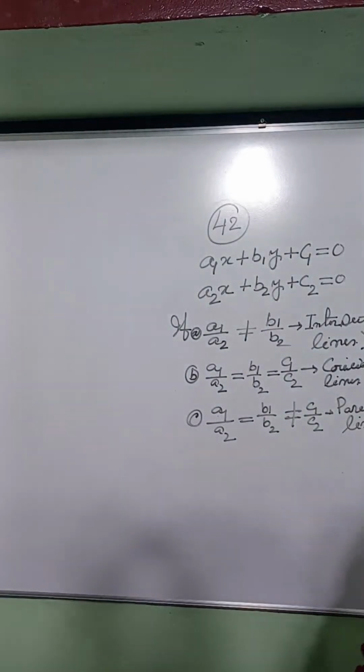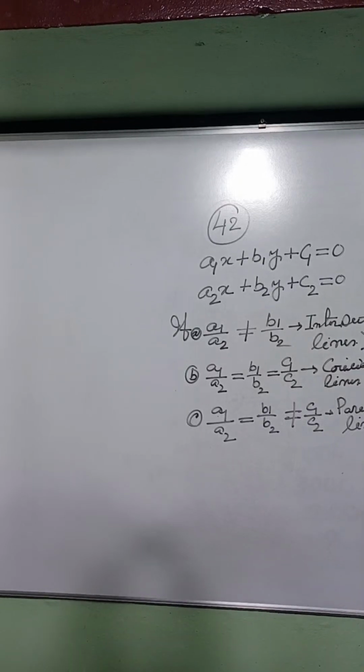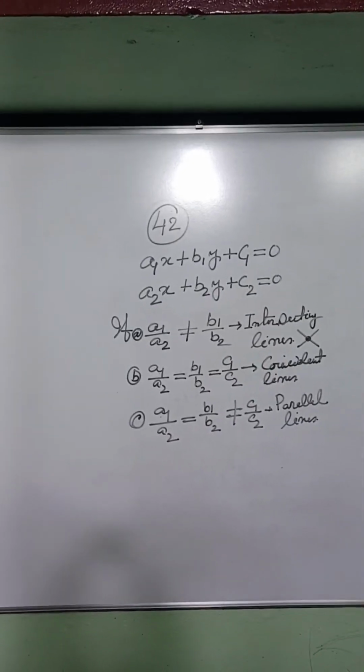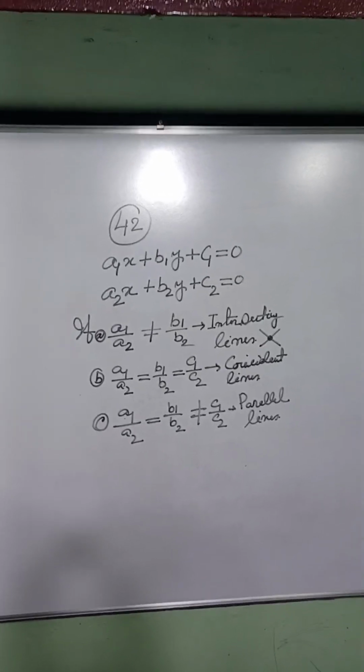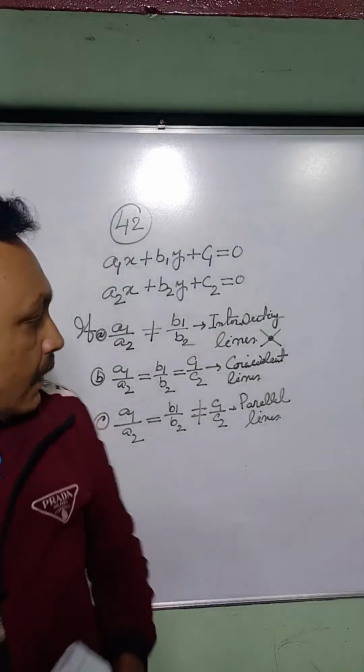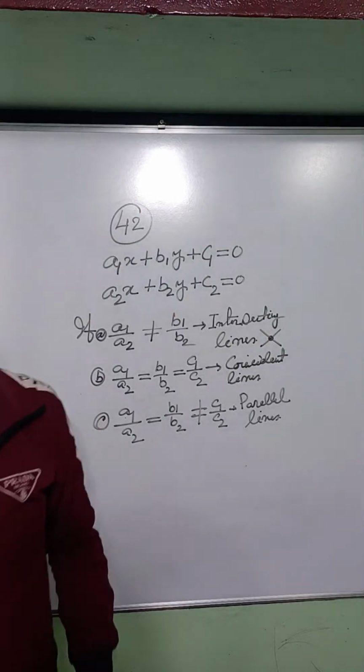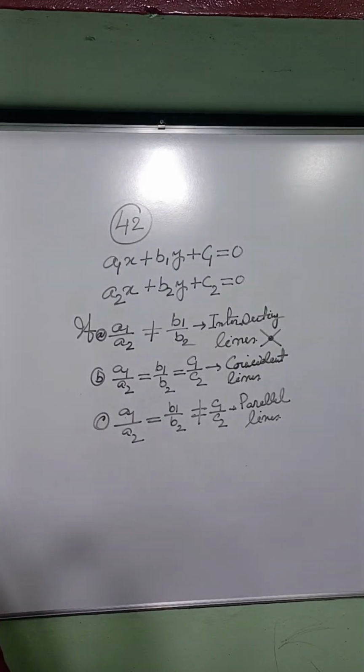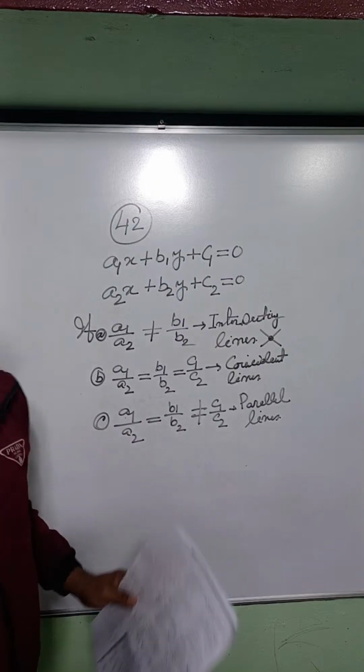I have to adjust the camera a little bit so that it will be more clear. Let me adjust the camera. Now I think you can see it clearly. Let me check whether it is clear or not.